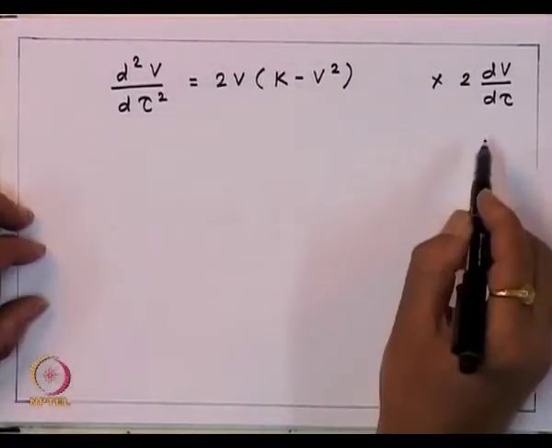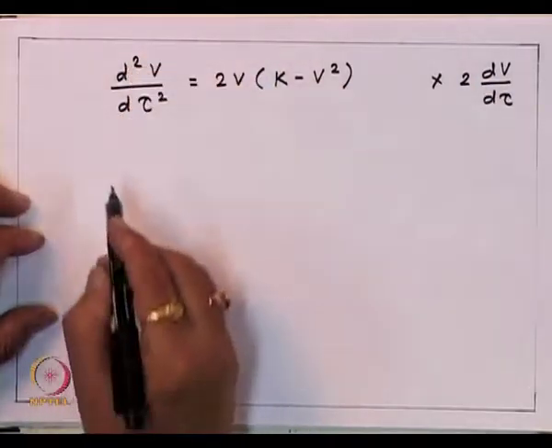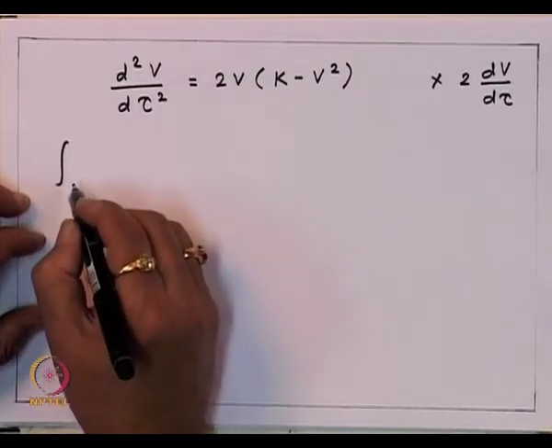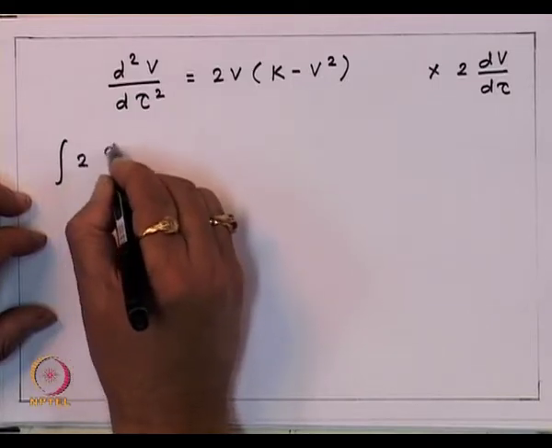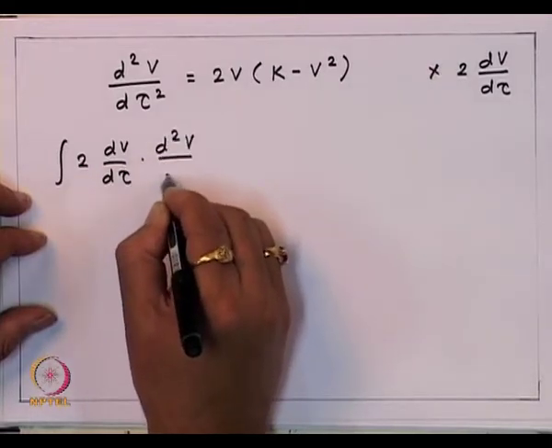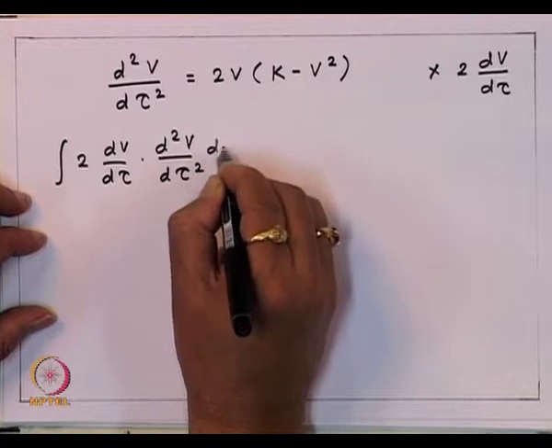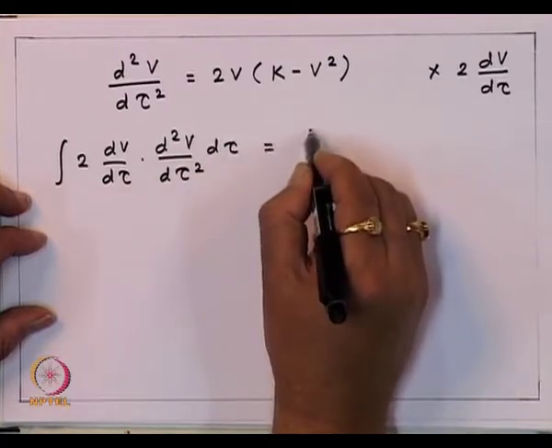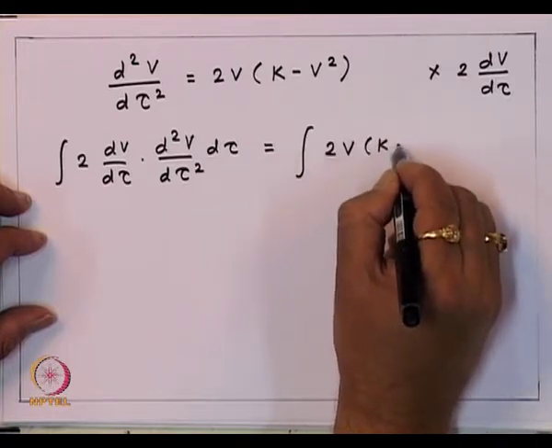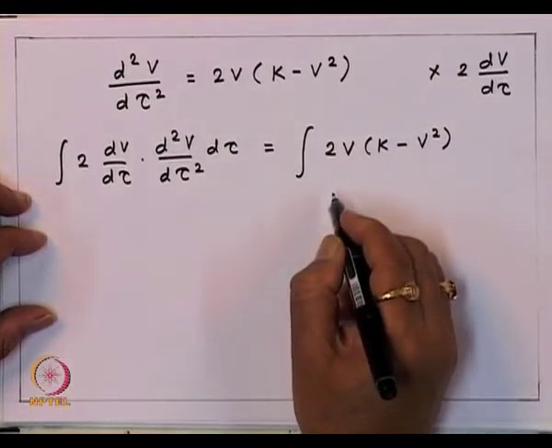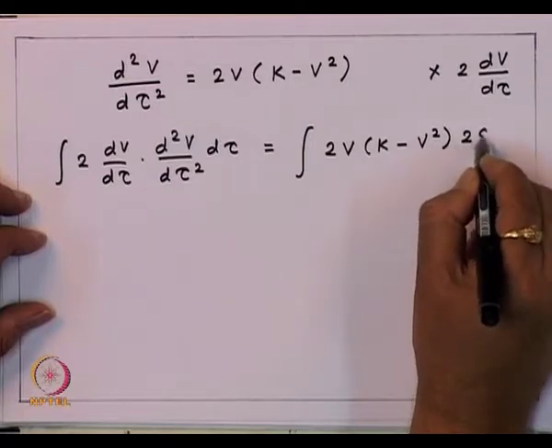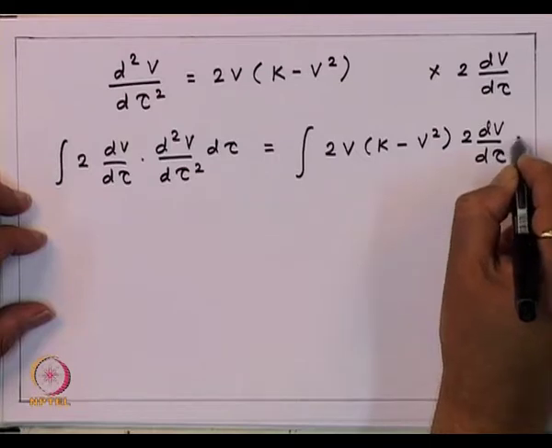So, by multiplying this term, this will become the integral of dV by d tau times d2v by d tau square d tau, which is equal to the integral of 2v times k minus v square times dV by d tau d tau.